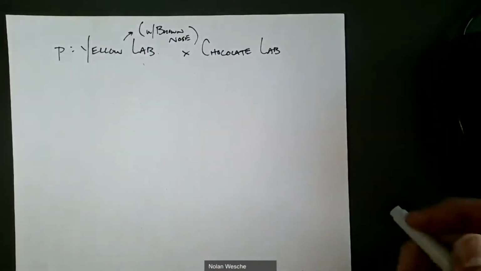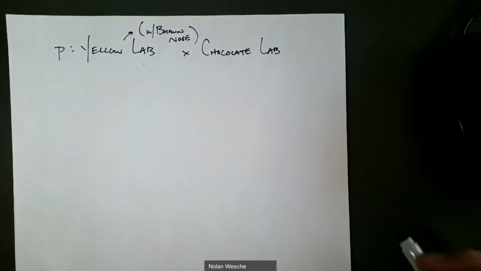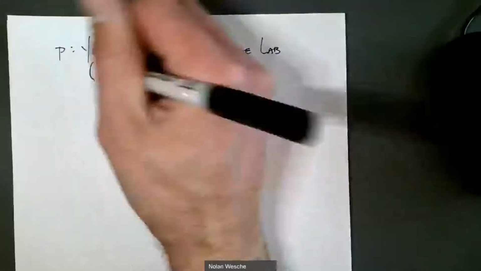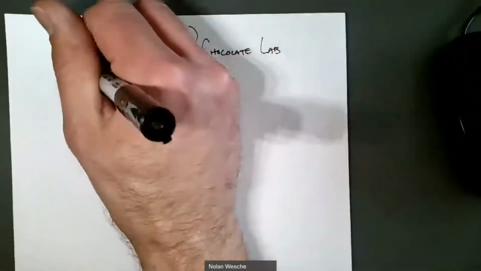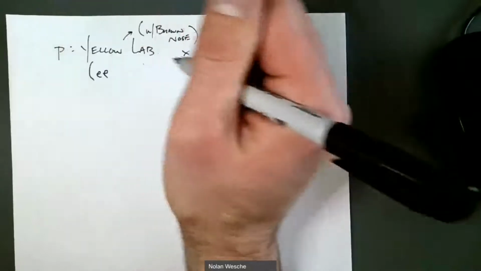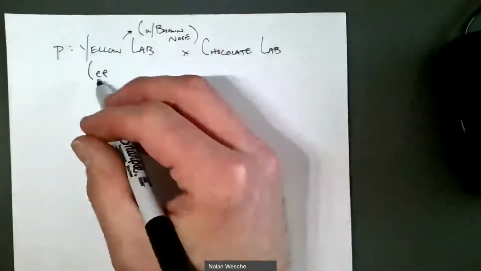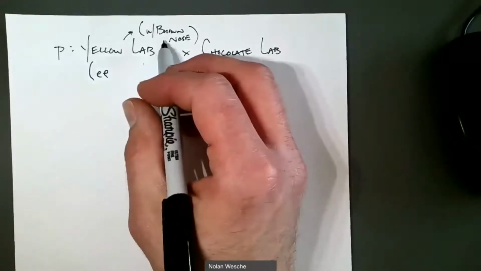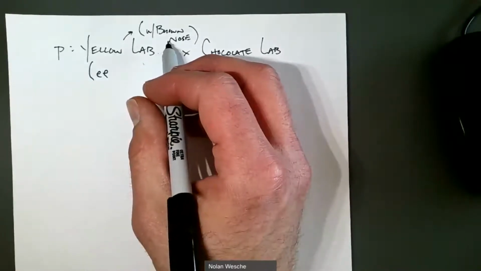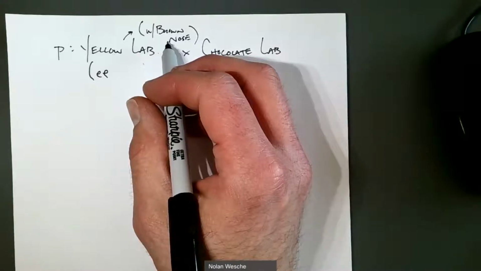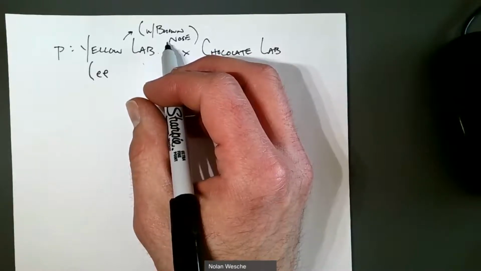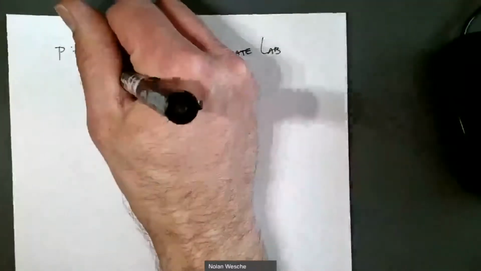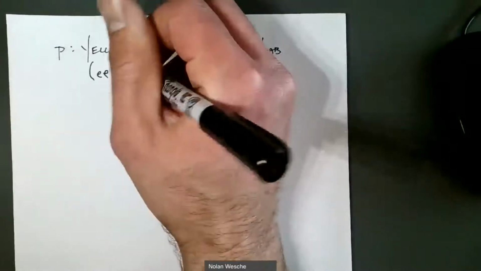Yellow lab, chocolate lab. And our yellow lab, we know does not have one of those melanocortin genes. So it's got two lowercase e's, because if it did have a big E, it would be chocolate or black. And we know that it's got a brown nose. So that tells us that it doesn't have a tyrosinase dominant allele, that it's actually got two of these recessive alleles.